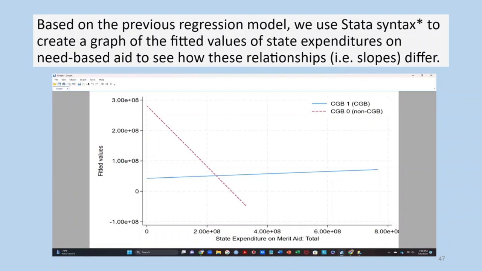So there are different ways of framing a research question to get at how you would look at the relationships and how they differ by some other variable, right?